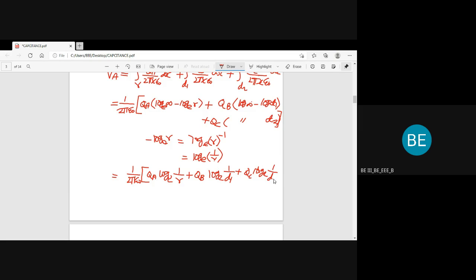This will go on if we increase the conductors. So we will have log e infinity terms as well, plus log e infinity. If I take it outside, you will get QA, QB, and QC.